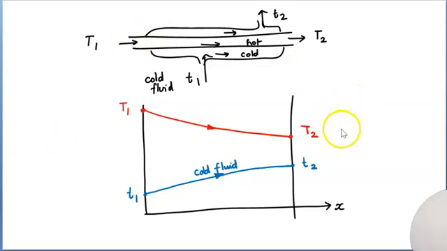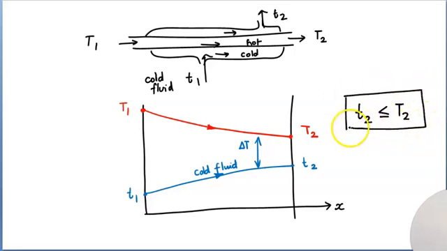In a parallel flow configuration, you should remember that this temperature difference is what is driving the flow. So this delta T is what is driving the flow, and you cannot have the exit temperature of the cold fluid exceed the exit temperature of the hot fluid, which means the exit temperature of the cold fluid should always be less than the exit temperature of the hot fluid.